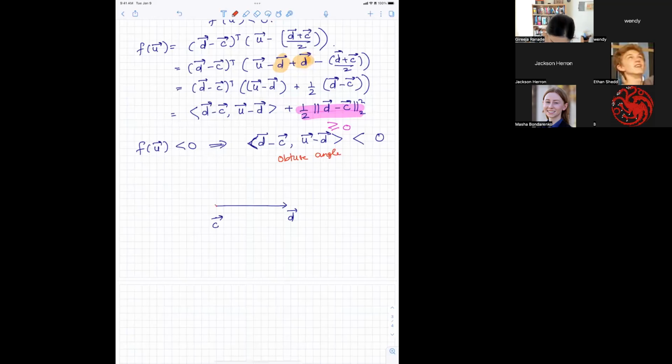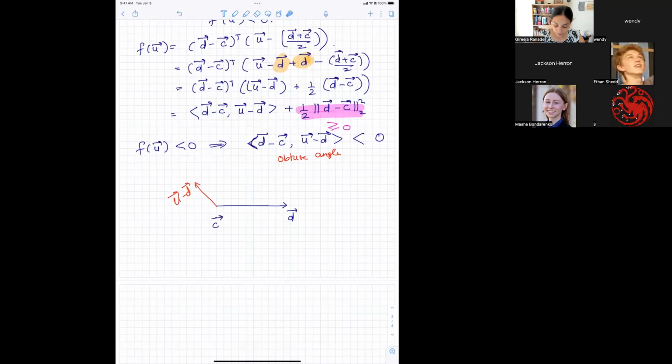So if I arrange the heads of the two vectors together, then I know that they must have this obtuse angle. Does everyone see this? This is because their inner product is negative. We talked about this a little bit in the last class.